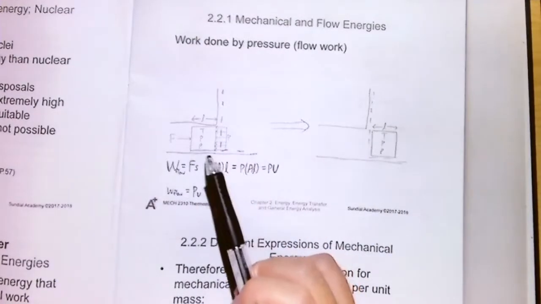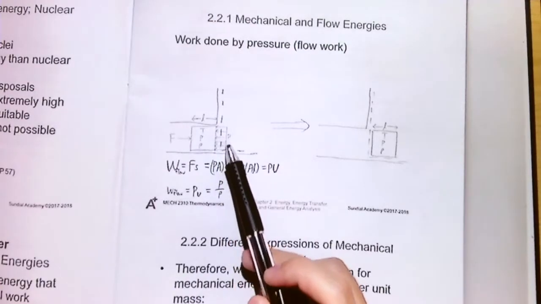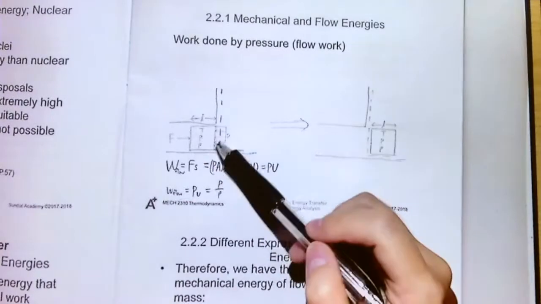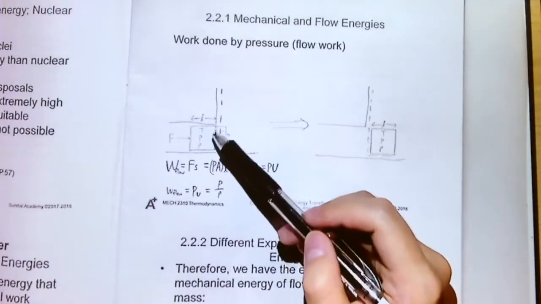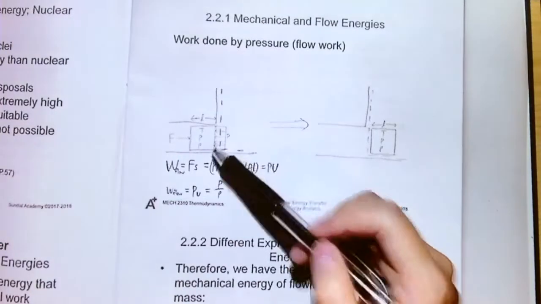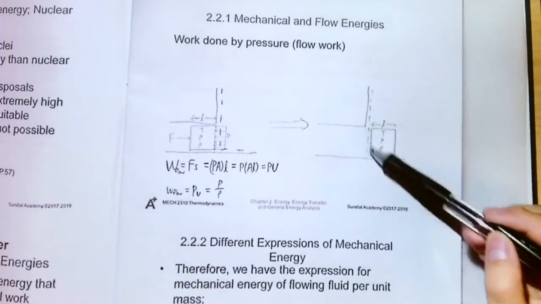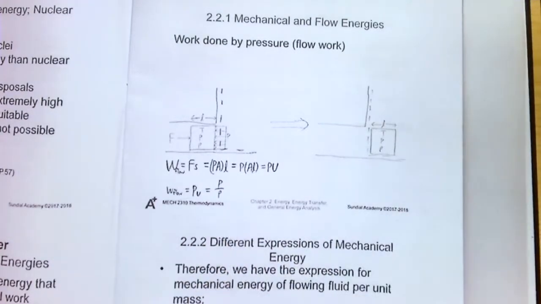We would just consider the moment where the right hand surface of this fluid element touches this boundary. The dotted line is the boundary. When this surface touches this boundary, to the moment the left hand surface touches it, that is, it just passes through this boundary to get into this control volume.